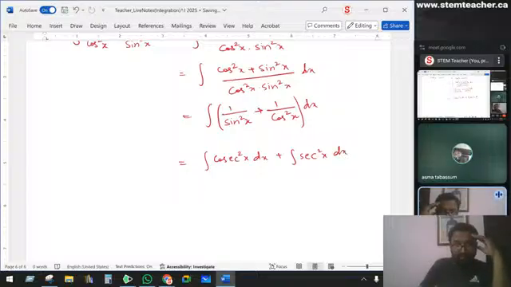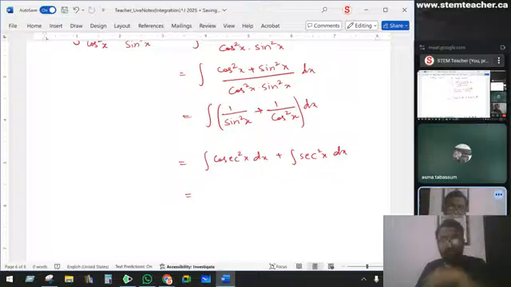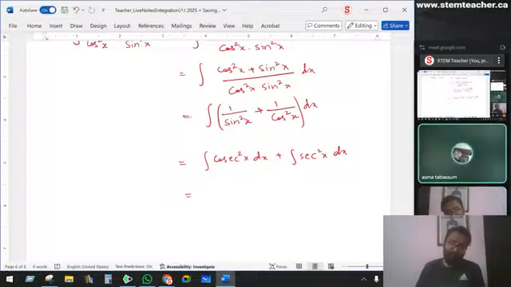So now please tell me, what is the integration of cosecant square x?